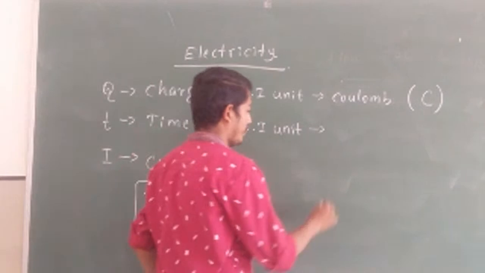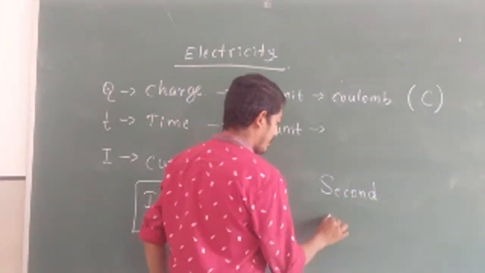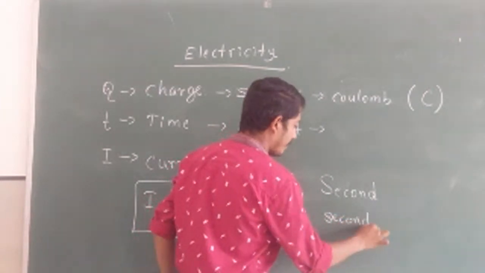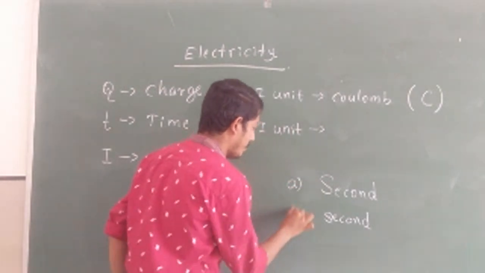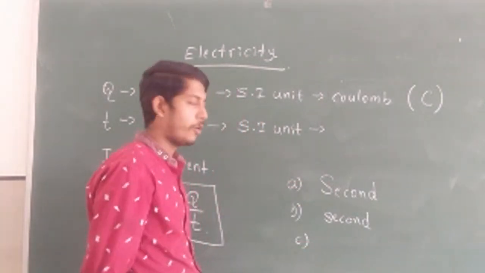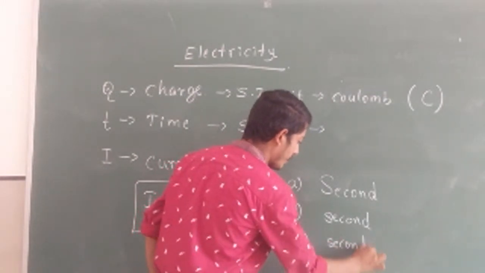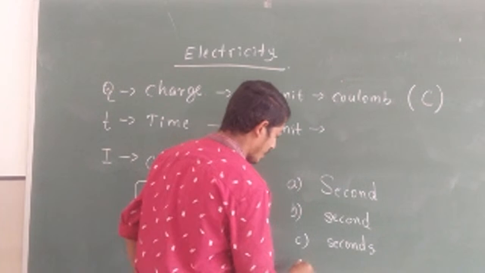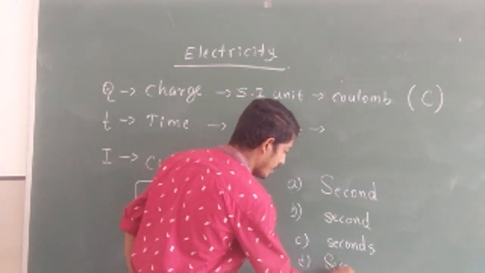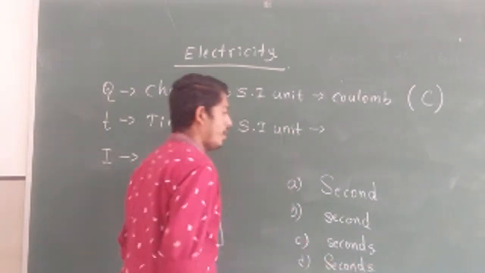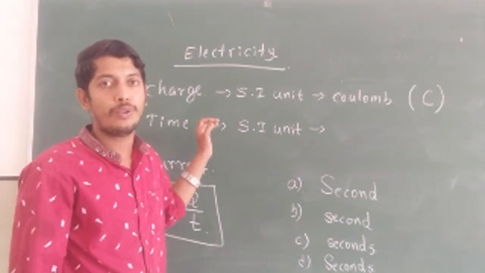So some gave this comment, and some gave another. For example, this is option A, this is option B, the third option, and the fourth option, option D. So in these four options, which is the correct answer for the SI unit of time?